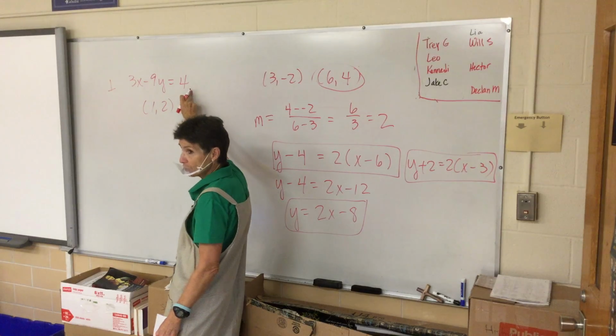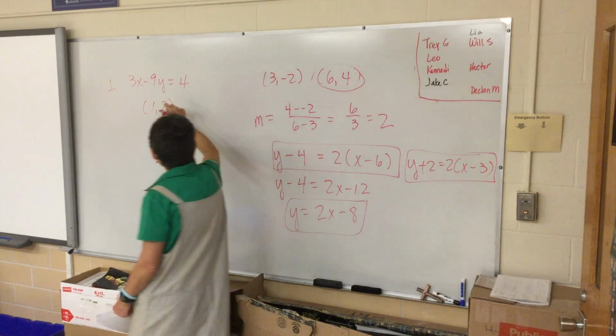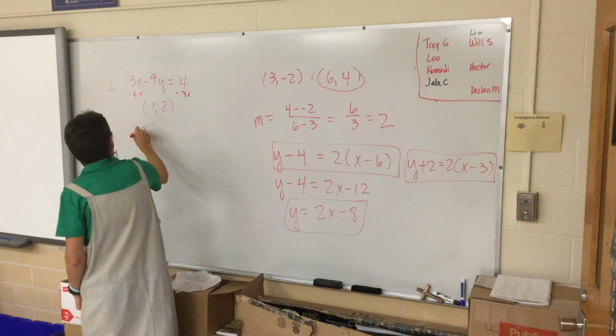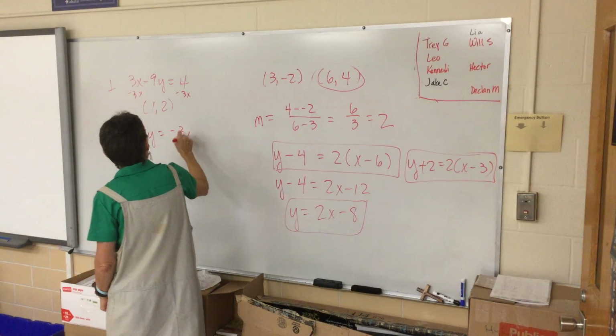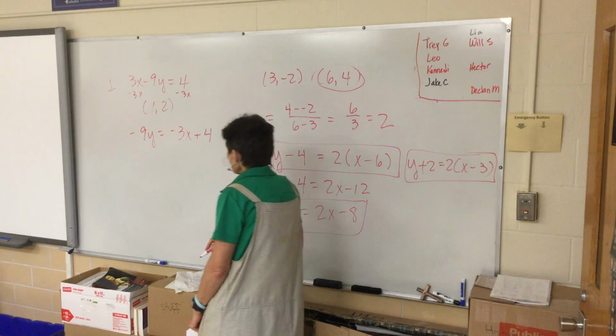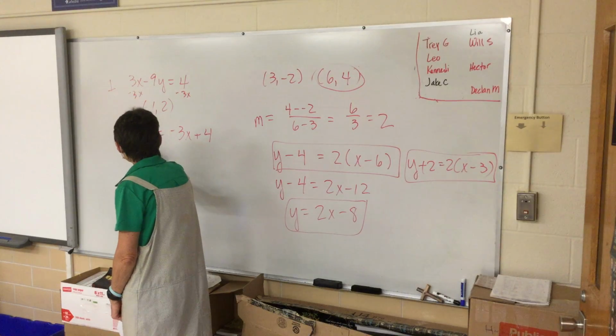So I'm going to find the slope of this one, and then take the opposite reciprocal, right? So how do I find the slope of this one? Get y by itself. So I'm going to subtract 3x. So negative 9y equals negative 3x plus 4. Now I'll divide by negative 9.